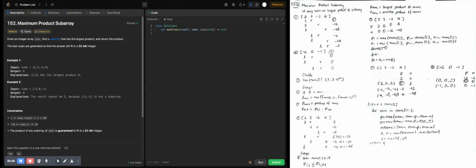So we start with 0, 0, 0. Largest positive is 0, smallest negative is 0. Now we have minus 1, so we have minus 1, 0, 0. Largest positive is still 0, largest negative is minus 1, so the answer is 0.